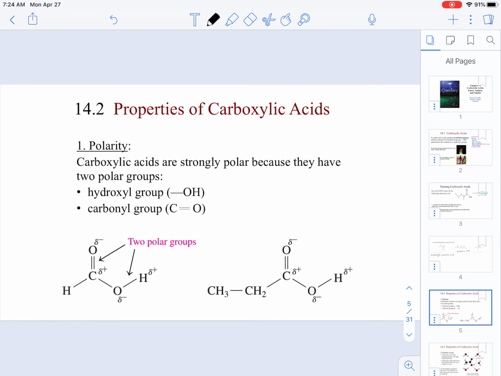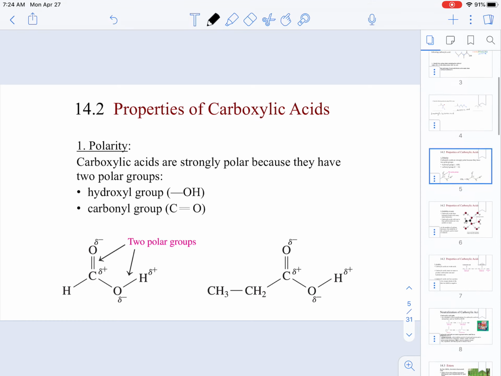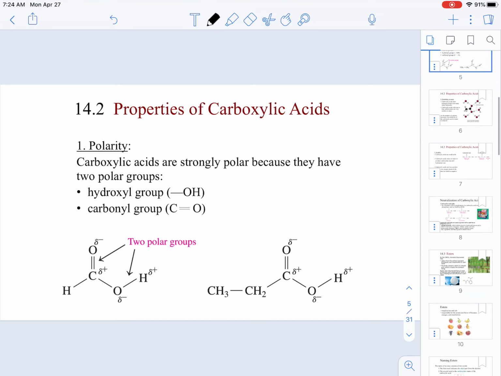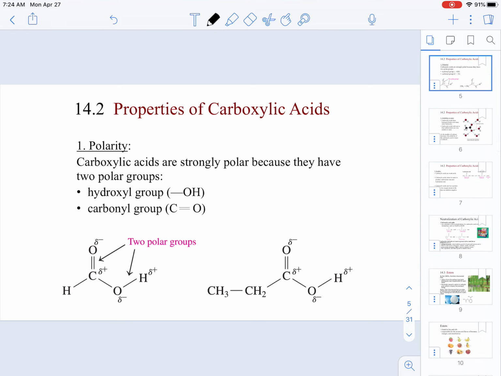Let's now discuss the properties of carboxylic acids. When it comes to carboxylic acids, the first thing that we should consider is that they are polar compounds. In these molecules, they are polar because they have two polar bonds. The first polar bond is going to be the hydroxyl group, and the second polar bond is going to be the carbonyl group.